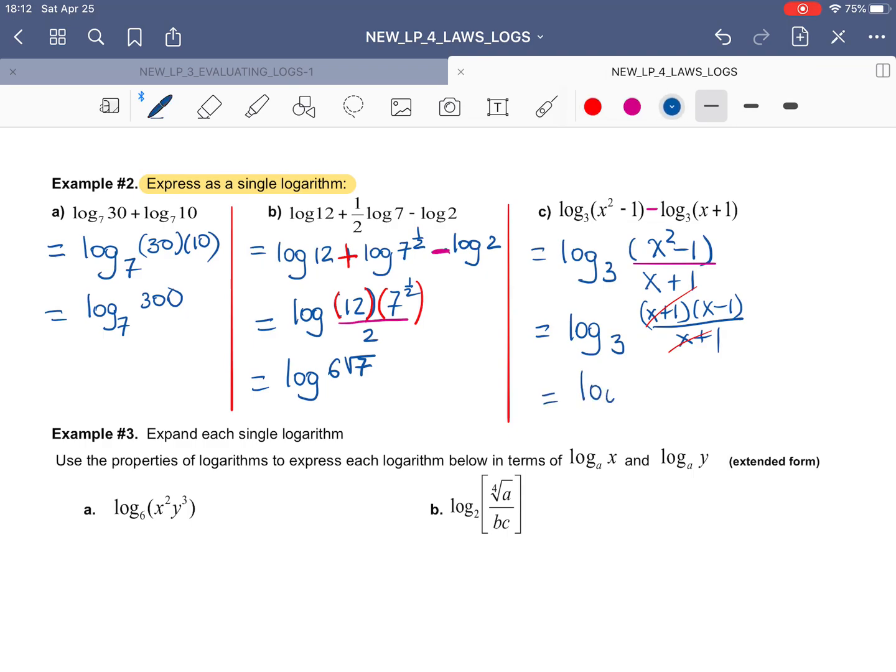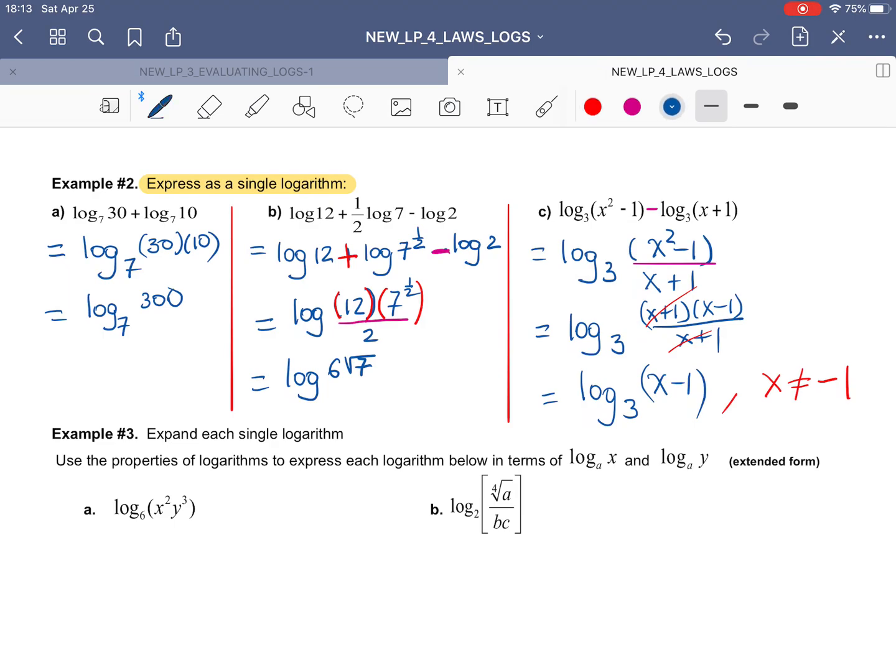And that would equal log with base 3 of x minus 1. Now, one thing we shouldn't forget in here, we must emphasize that we have removed a denominator. So for whatever happens, x cannot equal -1, right?